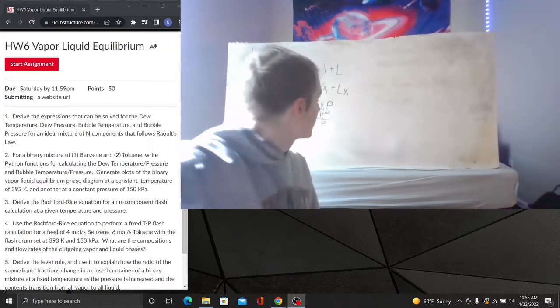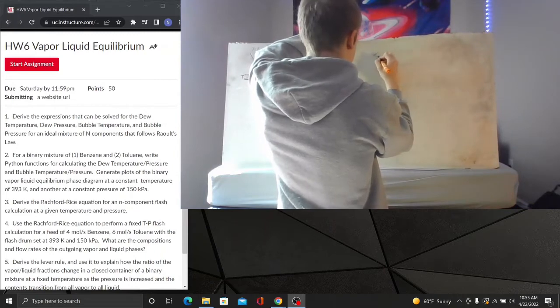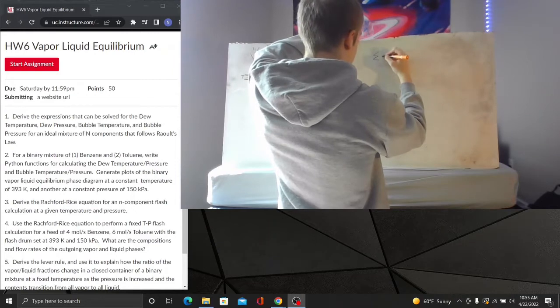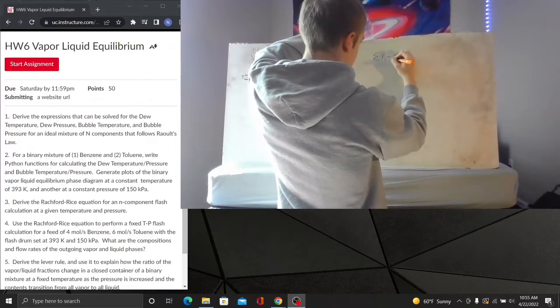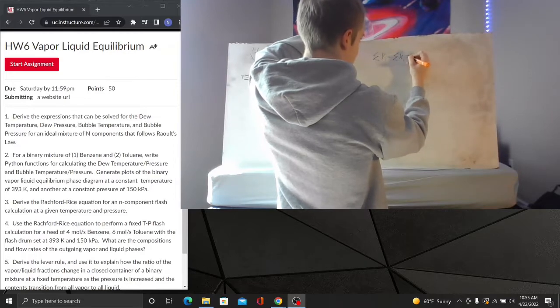So now, one thing that we know is that the sum of our mole fractions Yi minus the sum of mole fraction Xi is going to equal 0.